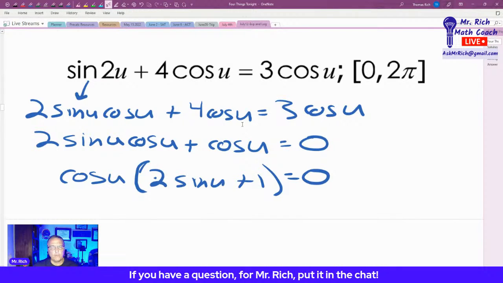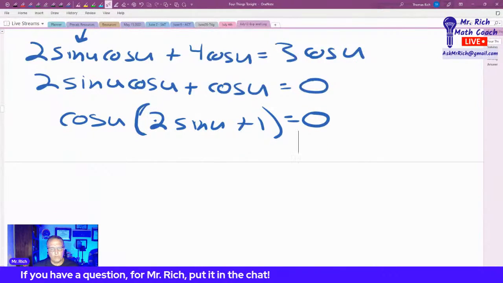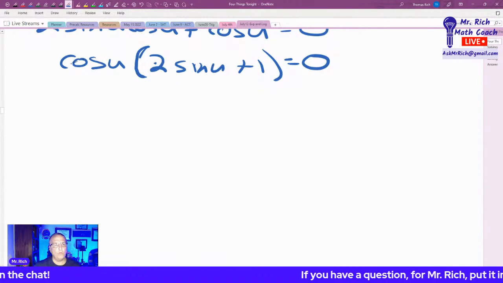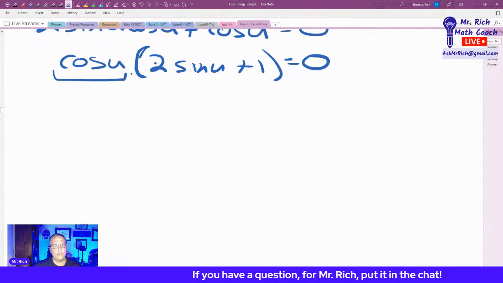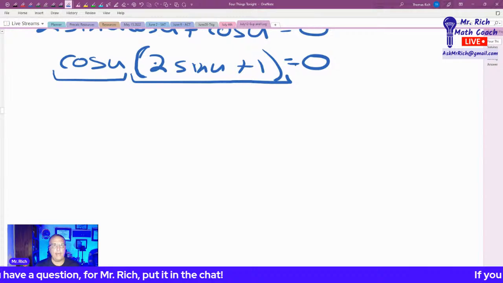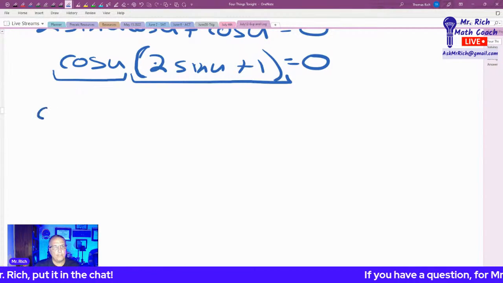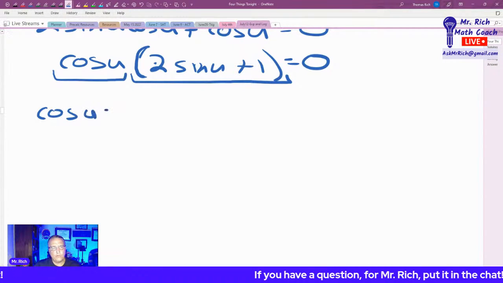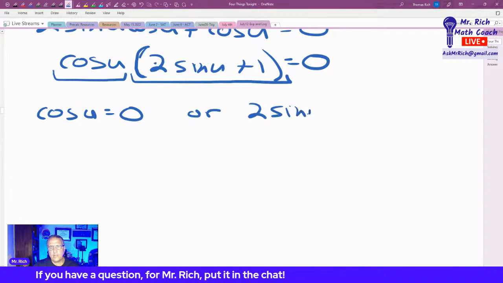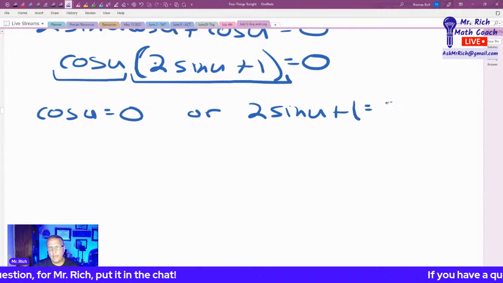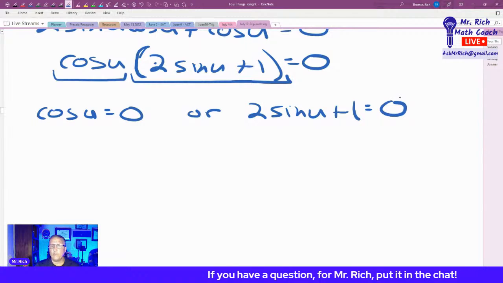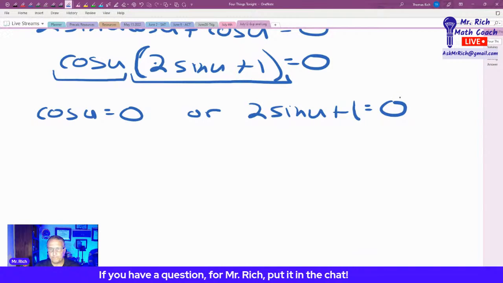And we're going to use our zero product property to solve this the rest of the way, because the zero product property says that if I have two things that are multiplied together, and the two things are these two factors, and their product is 0, it means that at least one of them has to be equal to 0. So we split this up and say, well, cosine u has to be 0, or 2 sine u plus 1 has to be equal to 0. And then we solve those two equations independently to find our solutions to this equation.